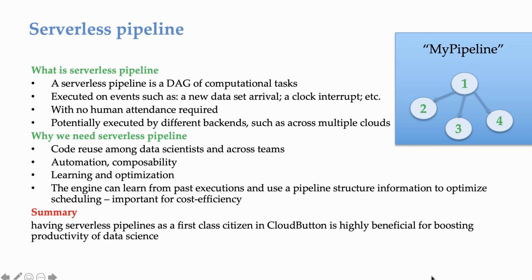So it has a lot of benefits for all kinds of scenarios, in particular for data scientists that need to share notebooks, or just need to make sure their notebooks are efficient enough. And you can see more demos on this in different presentations. You will now see the link. And it's obvious that having serverless pipelines as a first-class citizen in Cloud Button is what makes our approach so unique.